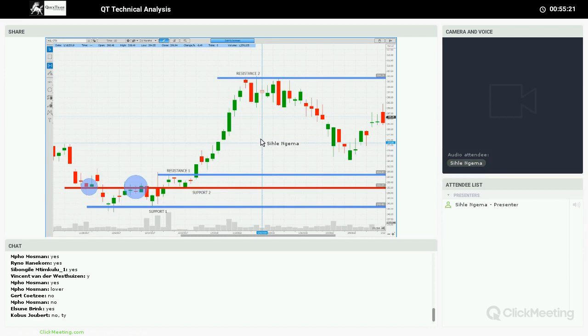And as you can see here, the movement going up, if you can identify again the ranges of the share, if I can identify the range of my share from this support 1 to resistance 1, and the movement of the share from resistance 1 to support 2, the range moving from support 1 to resistance 1 is larger than when the share is moving from resistance 1 to support 2.